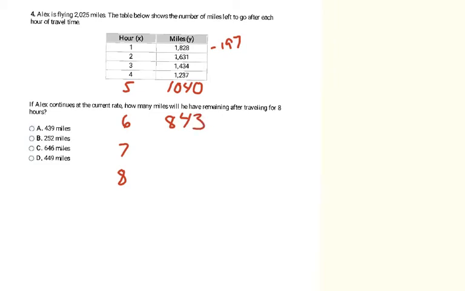And if you get 843 minus 197, this is going to get me 646. I'm just continuing the table out. And then 646 minus 197 is 449. So that is how many miles he'll have left after traveling for 8 hours. So my answer here is D.